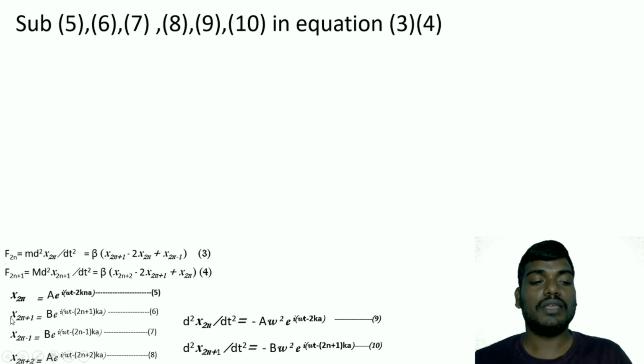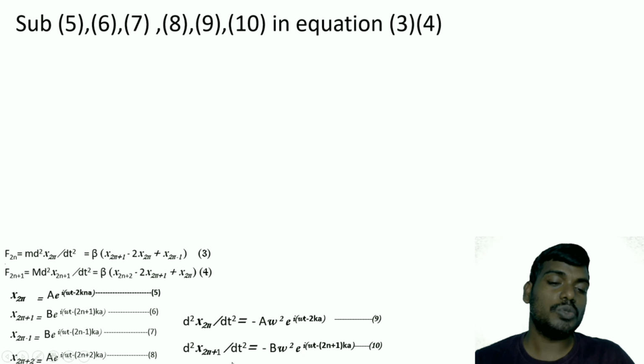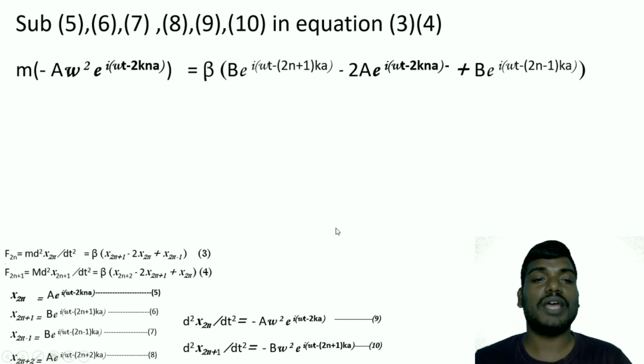Similarly we differentiate both two times. Then we find d²x_{2n+1}/dt² is equal to minus B ω² e^{iωt} into (2n+1) Ka. The equation is named as 10. Then we substitute 5, 6, 7, 8, 9, 10, and we find these values.